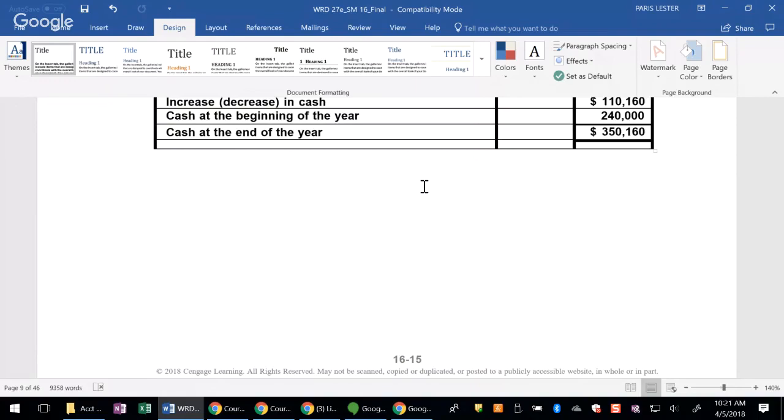Increase, decrease. I'm gonna put it at operating and the fund.